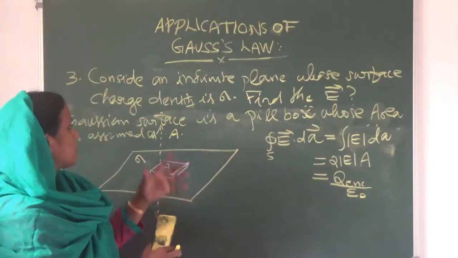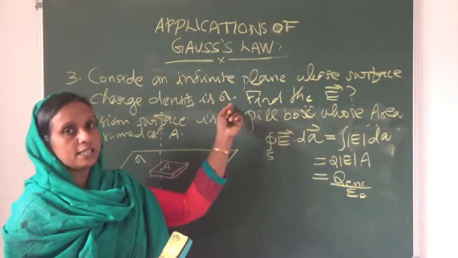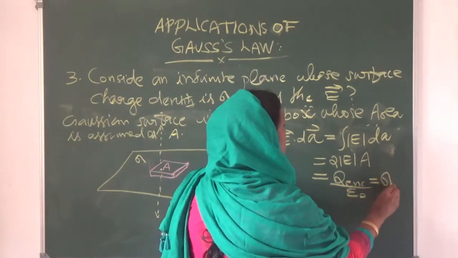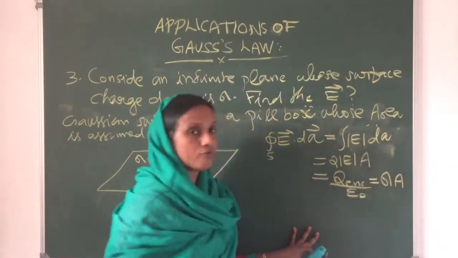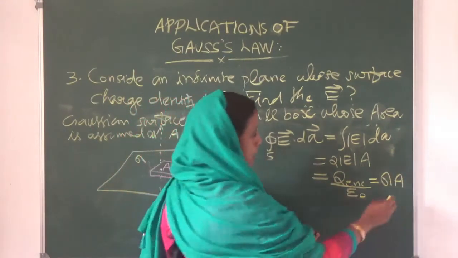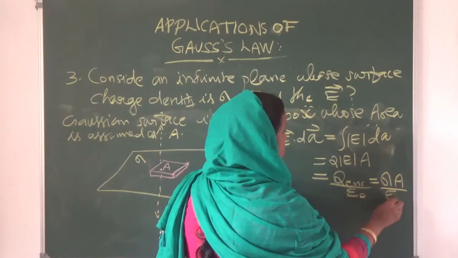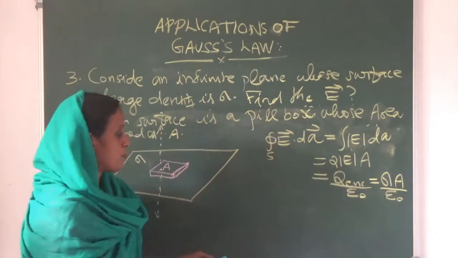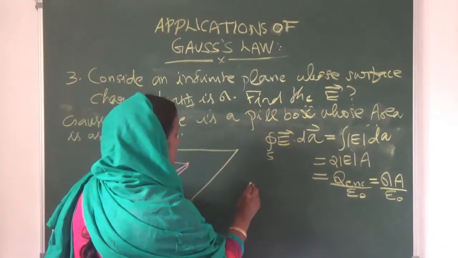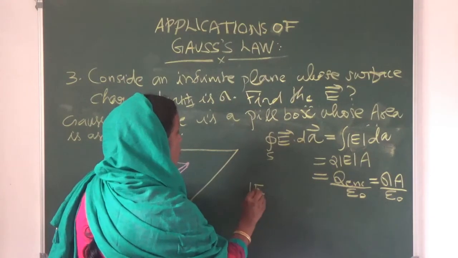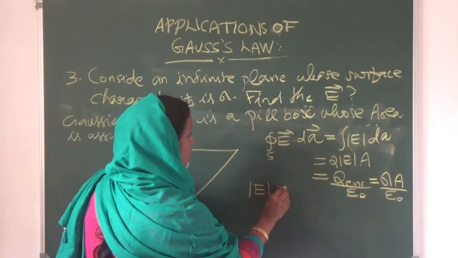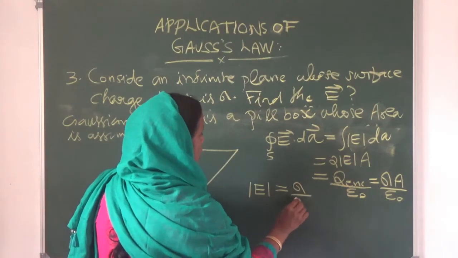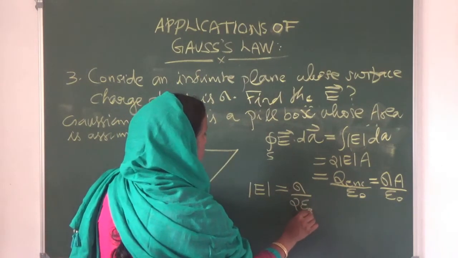Because it is already given that the plane has surface charge density sigma, this is equal to sigma into the area of the pillbox, sigma A by epsilon 0. Okay, now you can simplify this, that is, you get mod E equal to sigma by 2 epsilon 0.